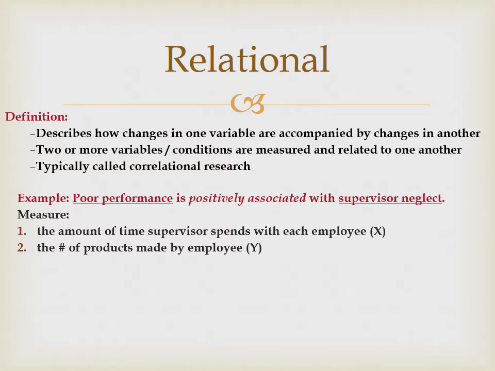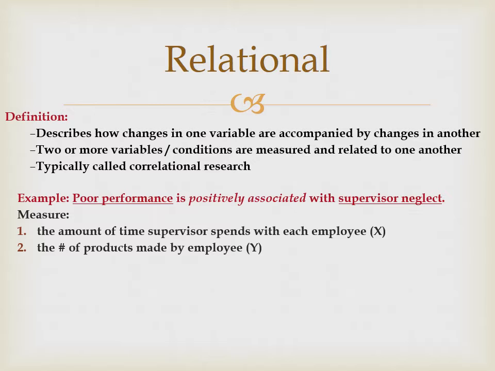And so if we look again at the example of poor performance among employees, maybe we find that poor performance is positively associated with supervisor neglect, that poor performance increases as neglect increases.